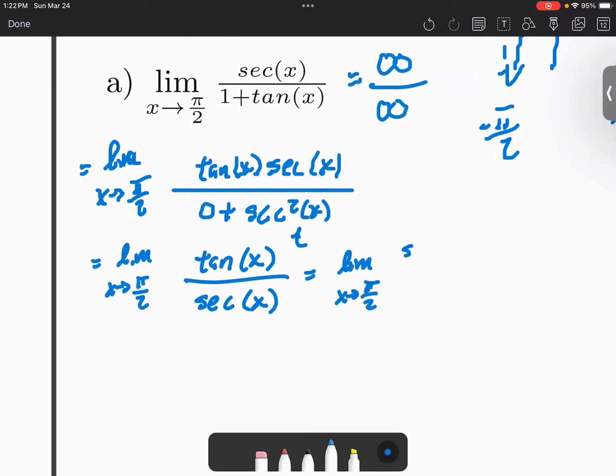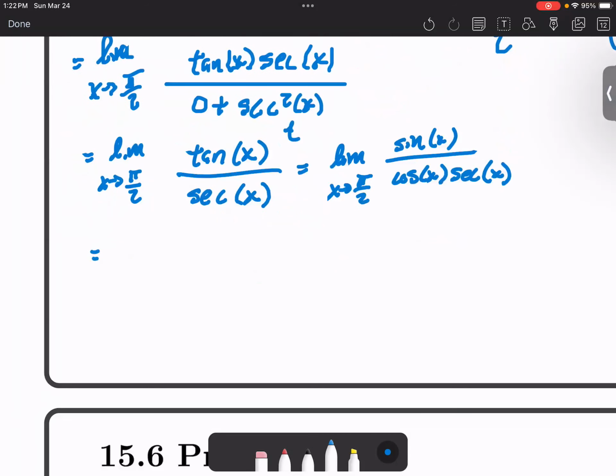Tangent of x is sine divided by cosine. So we are dividing sine of x by cosine of x and by a secant. So we have a sine of x in our numerator, and the cosine times the 1 over cosine is going to give us a 1.